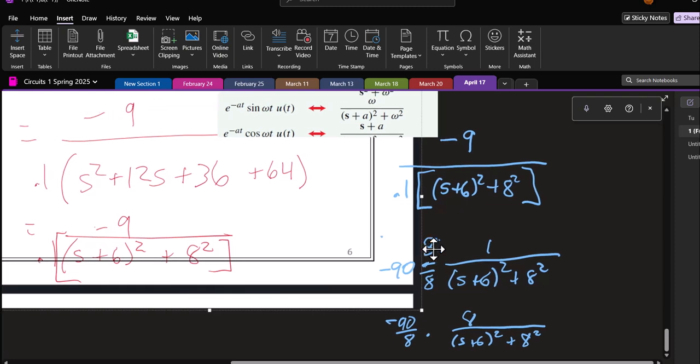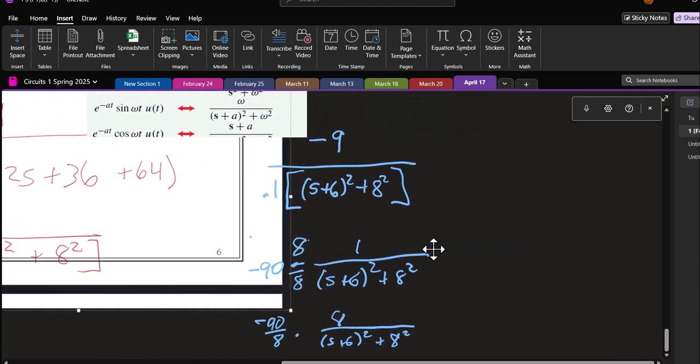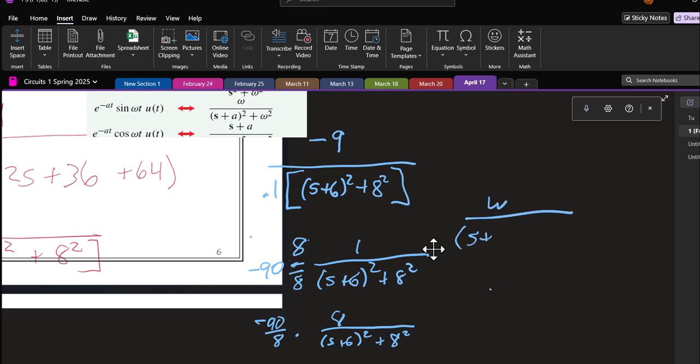Okay, so now it is in the correct form because it is of the form omega over s plus a squared plus omega squared.